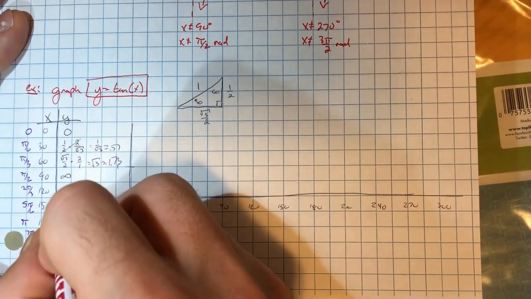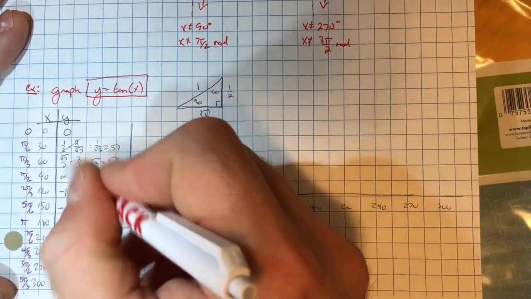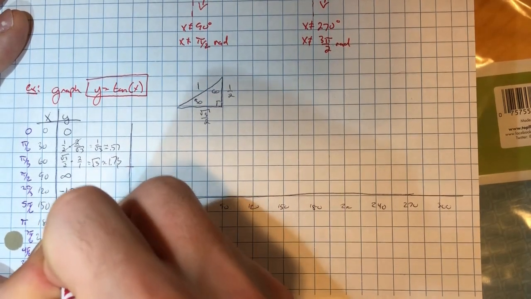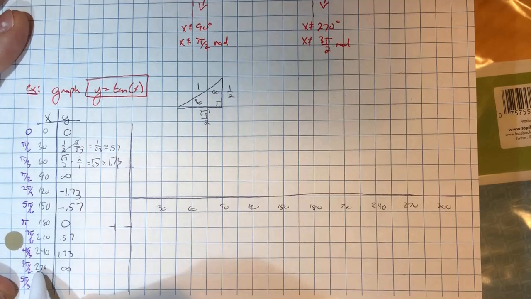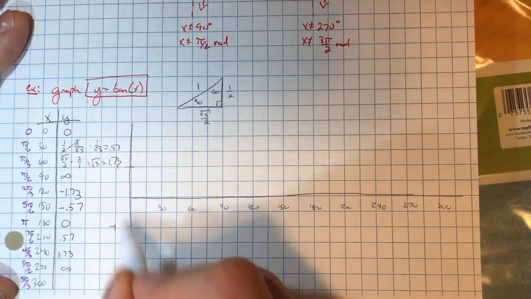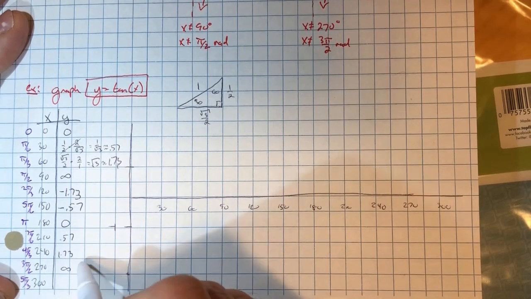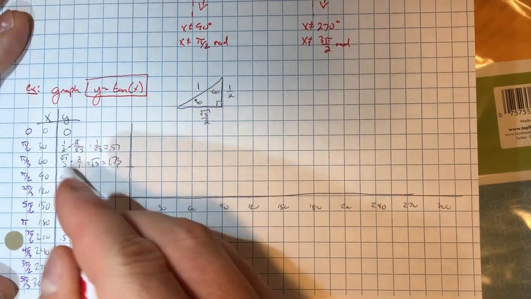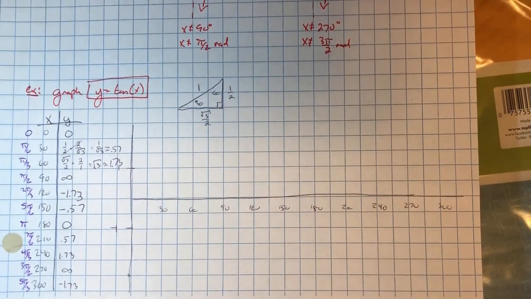At 180, we're going to be back to 0, and we have completed the loop. Now we're just going to start cycling through these values. So 0.57, 1.73, and infinity. And at 270, we can check ourselves. At the bottom position, our x value doesn't exist, so our y value is 1 divided by 0. We're good. What comes after infinity? Or negative 1.73.